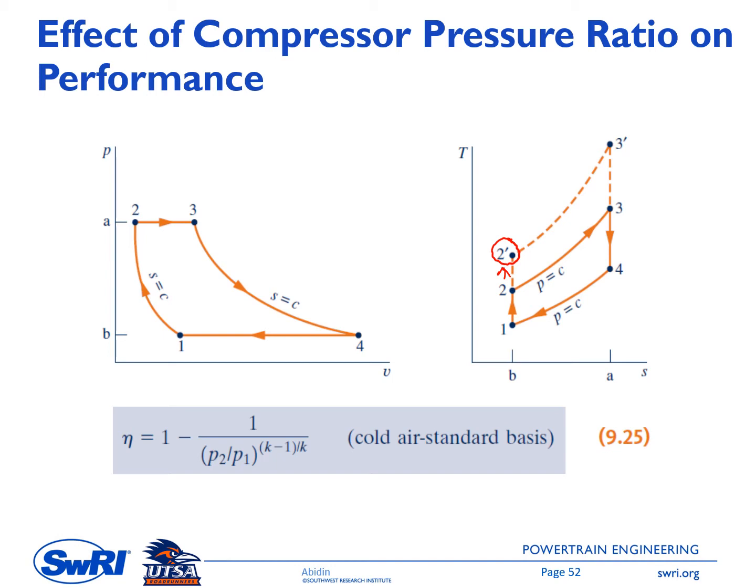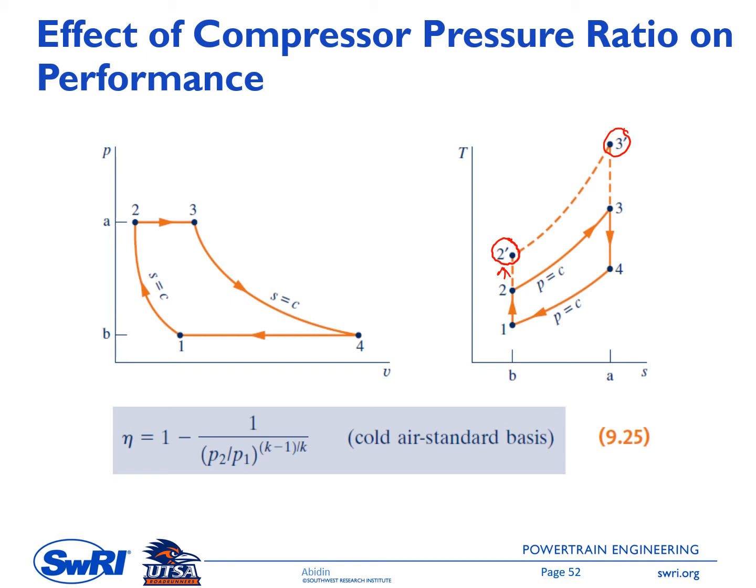And then from point 2 prime going to point 3 prime, it is the process inside the heat exchanger. By doing a cold air standard analysis, you will be able to get the correlation between the thermal efficiency of the system and P2 over P1. It is equation 9.25.